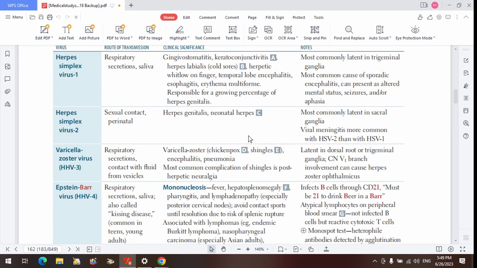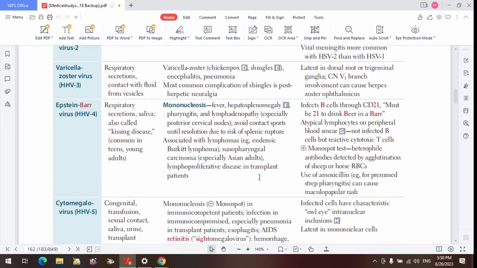Recurrent ulcers. You guys are not paying attention. I'm not happy. Because you said common complication, and I said HSV2. So HSV1 reactivation is labial lesions, and HSV2 is recurrent ulcers. So what is that of HSV3 now? HSV3 is this one that I just mentioned, post-herpetic neuralgia.